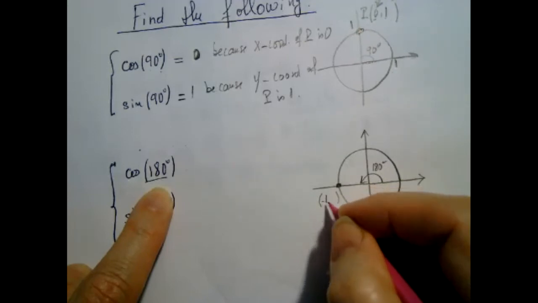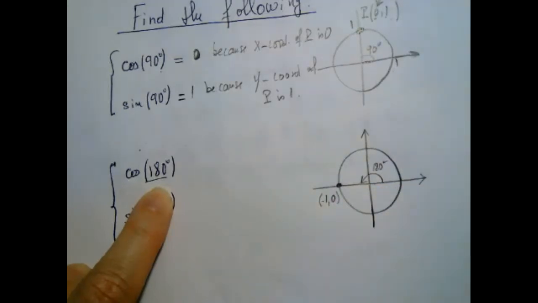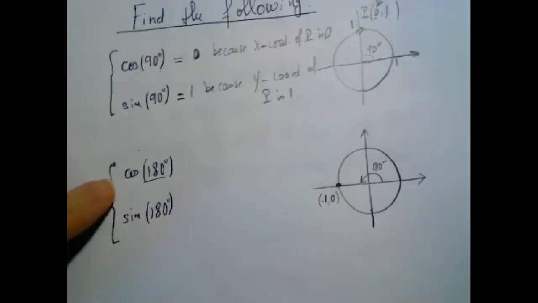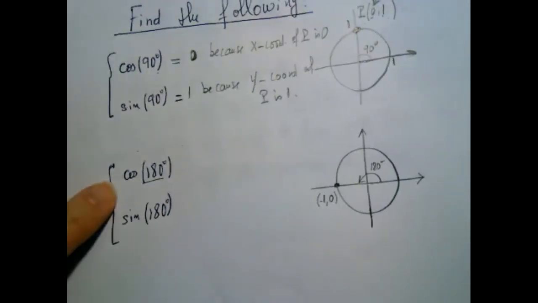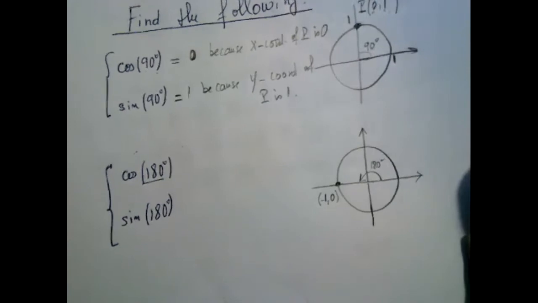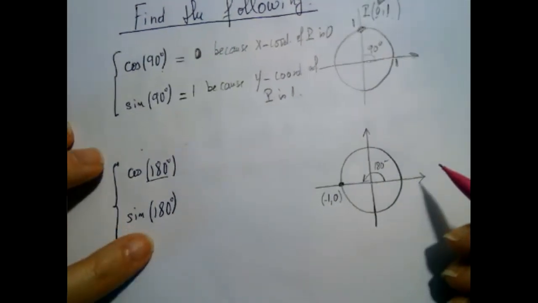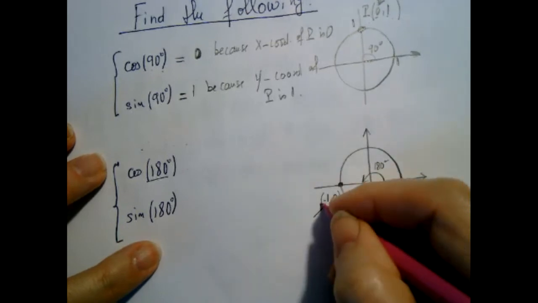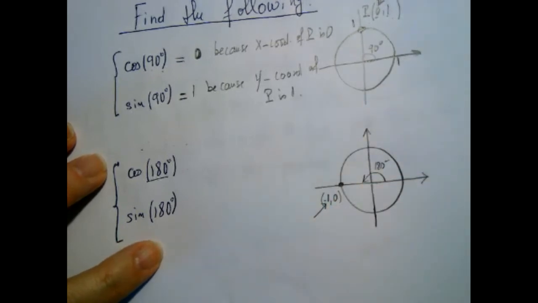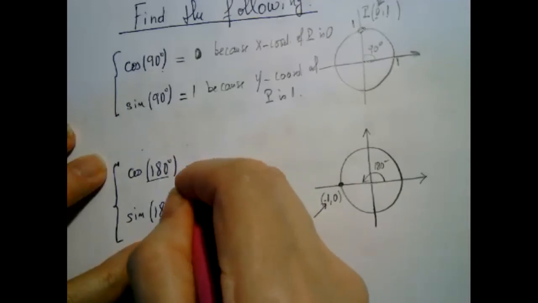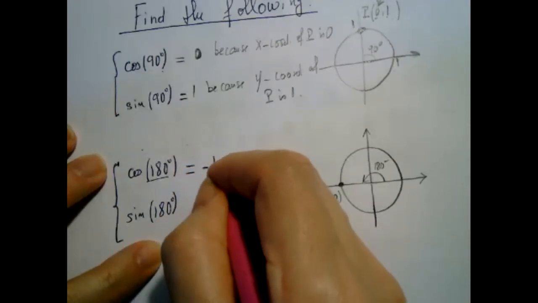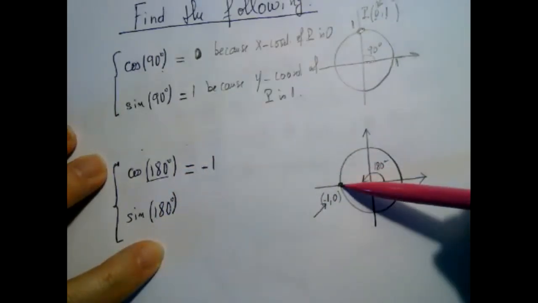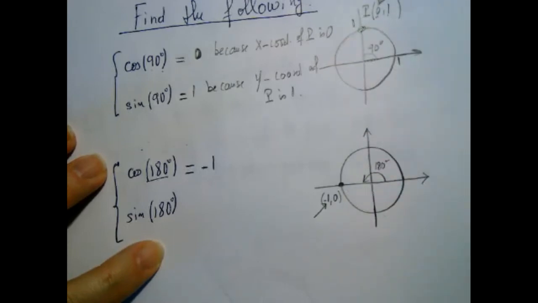It's -1 and 0. Very good. What is the cosine now of 180? The cosine is which coordinate? The x coordinate. So what's the x coordinate here? -1. So the cosine of 180 is -1, because the x coordinate of P is -1.